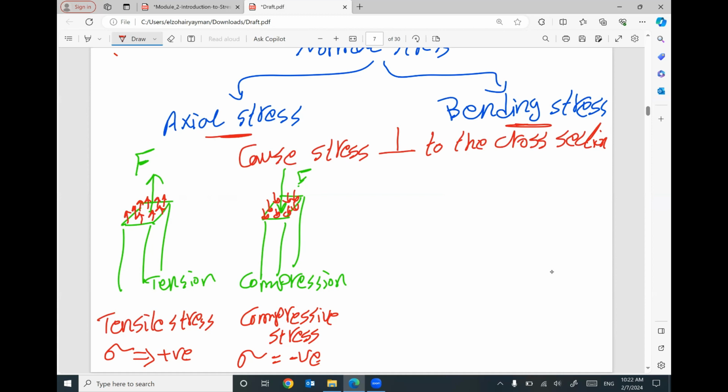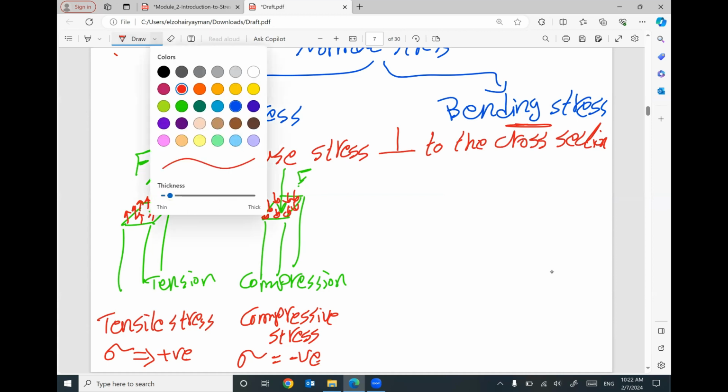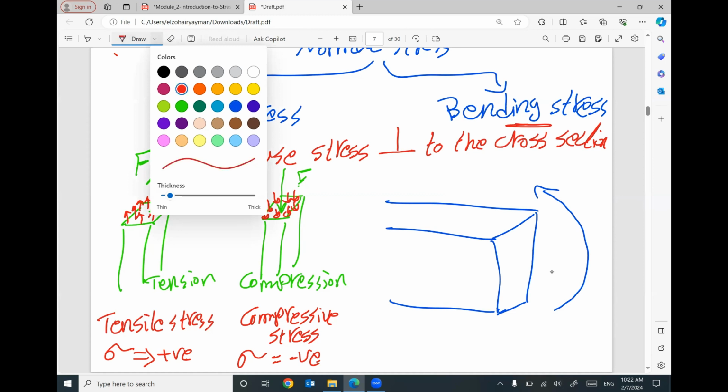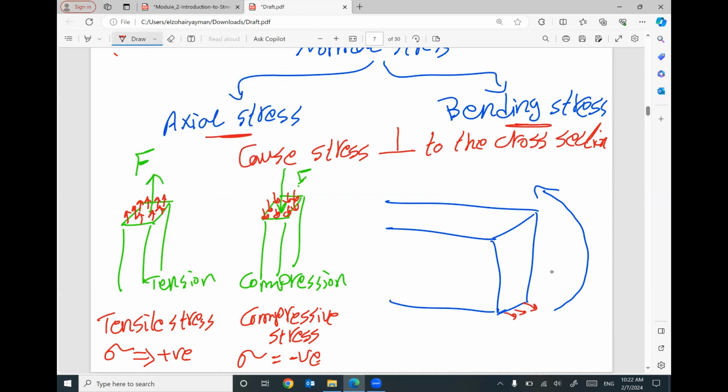In the case of bending moment, the cross section looks like this. And here is the applied moment. This moment will cause tension at this end and will cause compression at this end.